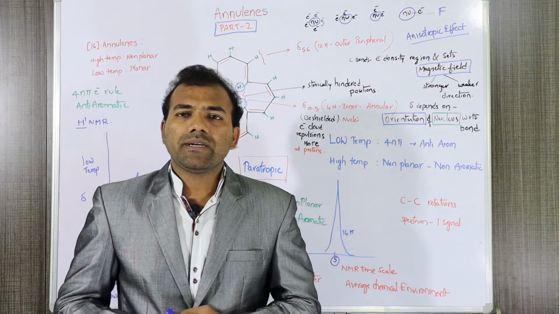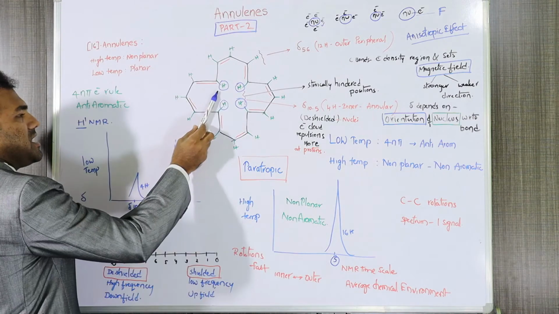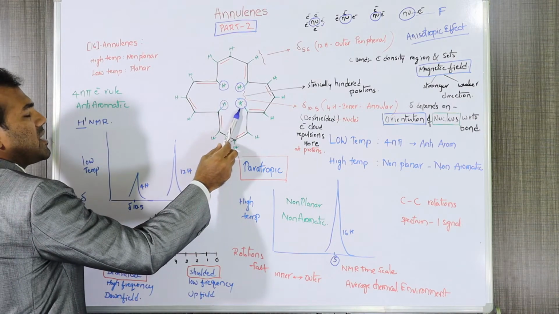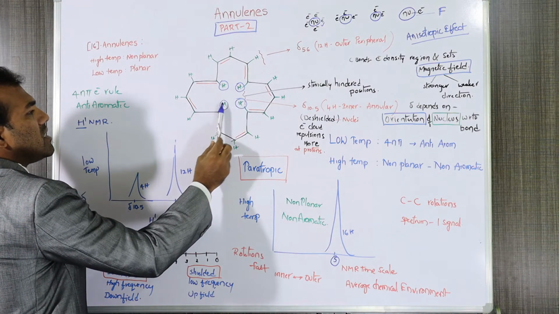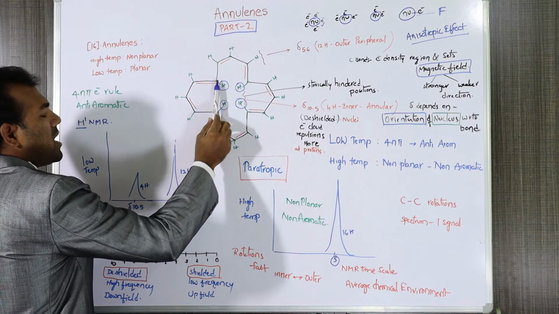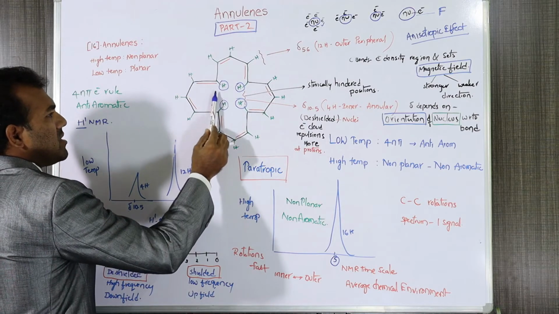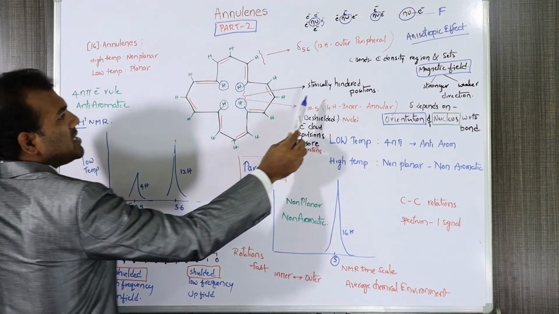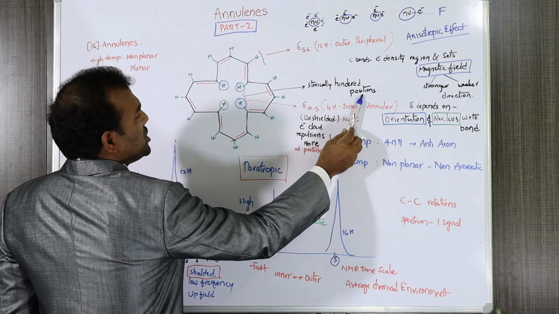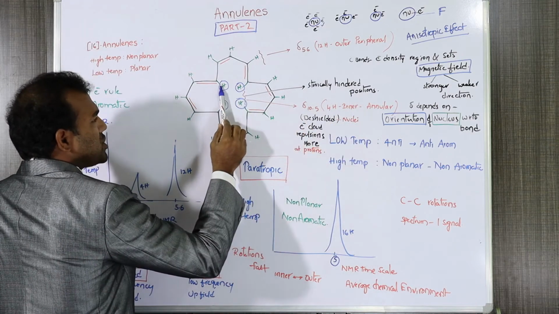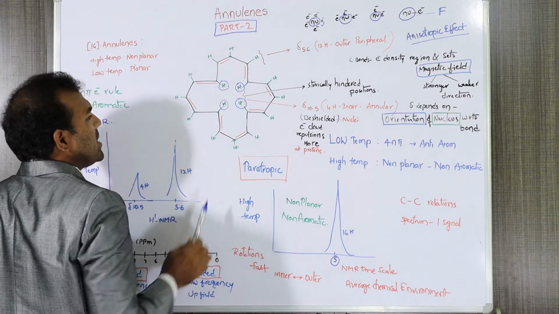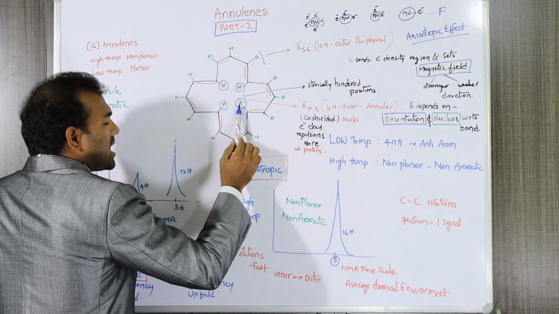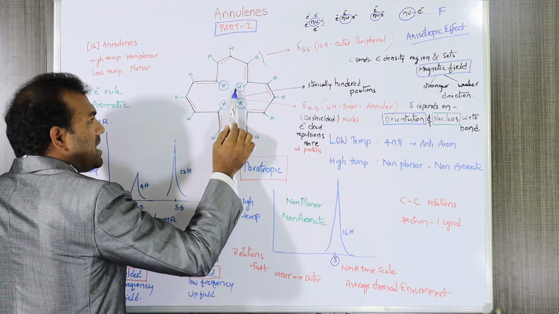I hope you understand. Here also let us check these 4 hydrogen atoms. So these 4 hydrogen atoms are inside the ring. Due to the electron clouds near each other, these are sterically hindered positions. So these positions are strongly sterically hindered. Then what happened here? These electron clouds repel each other.